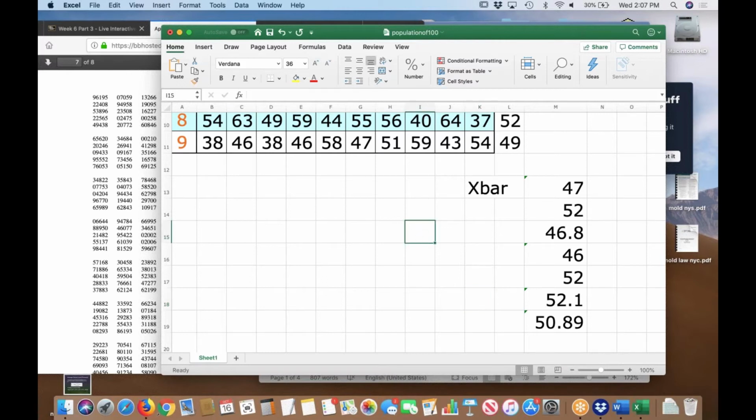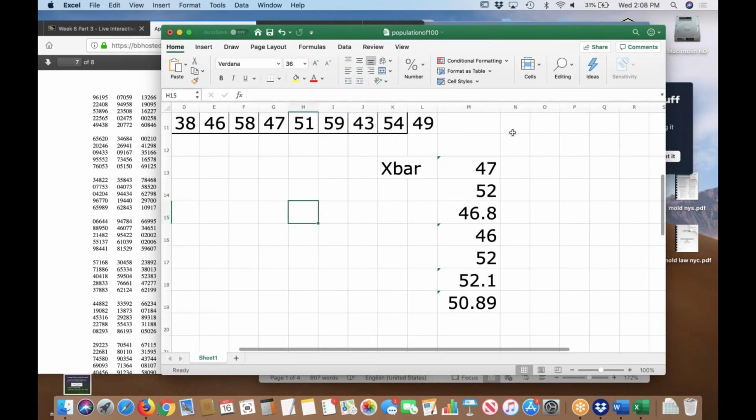Okay, so now let's say to myself, that's very interesting, but let me see, what's the variability look like for each of these different values? Okay, so I'm gonna take a look at that. I'm gonna say equals the standard deviation. I'm gonna do it out here so I can spread this out.